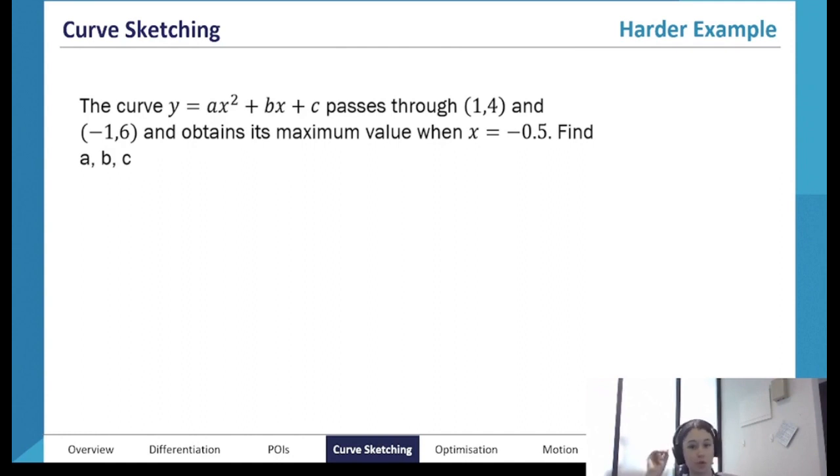So, quick tip for you guys. If you want to have a think about this question before we go to the solution, again, pause the recording. But the quick tip is, if you are asked to find multiple values, like the coefficients of the variables in a curve, so as we have here, a, b, and c, the derivative is really useful because as you go down the derivative, the numbers are eliminated.